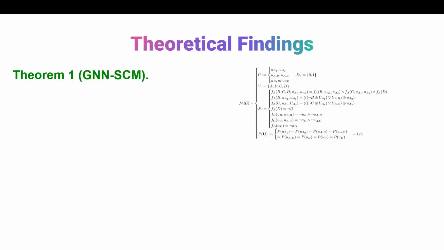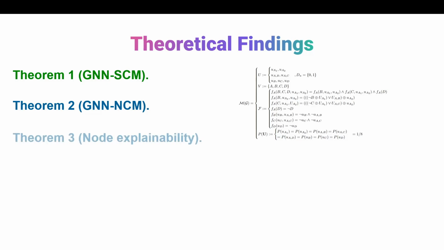The node we want to study in that example was node A, so we want to focus on node A. If it's binary, it has two states, A1 and A2, and each of these states has an effect on the environment too. So we consider latent variables for them too, like UA1 and UA2. Based on this, we came up with the GNN NCM, which is an estimation of this structure. It's more complicated than this, so the description of the formulation is in the paper. You can look into it.